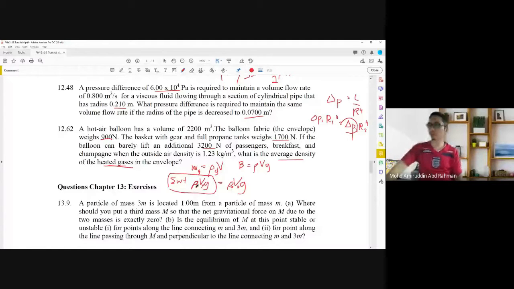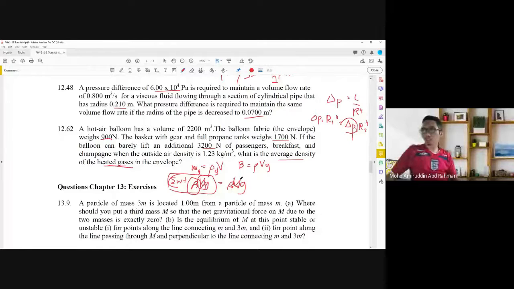So for the V, you know that the volume won't change, so the volume will be similar.